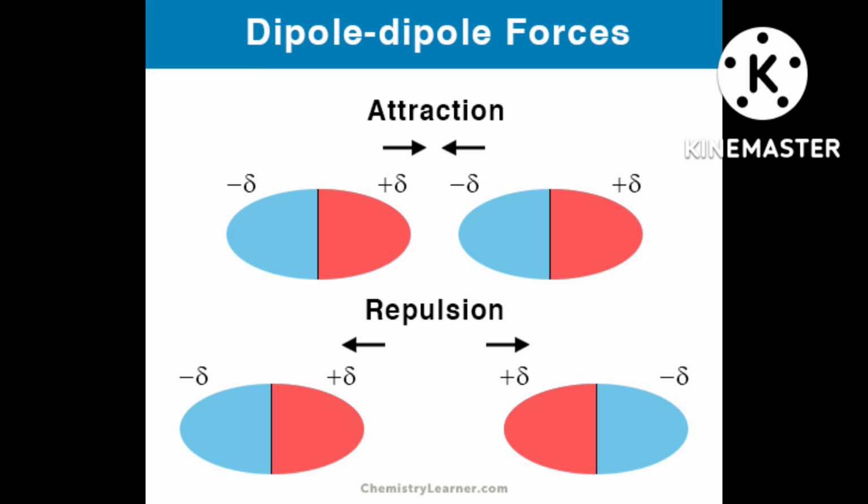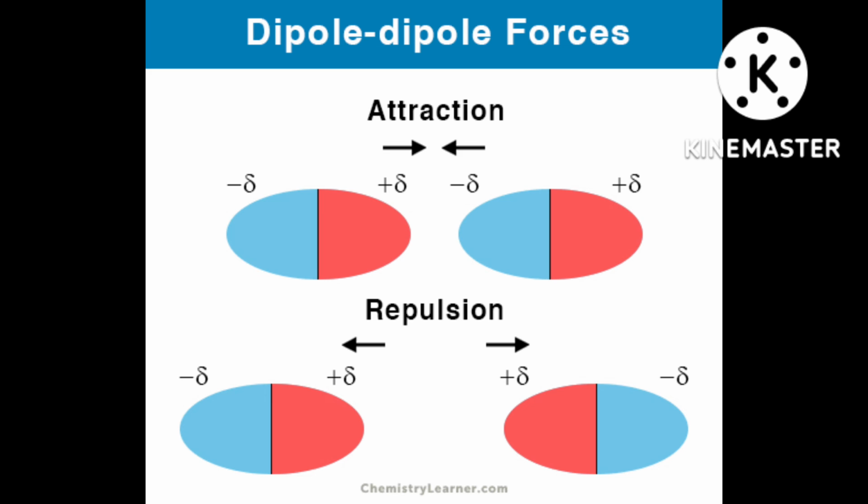When two molecules are brought into close contact with each other, the repulsion between the electron clouds and that between the nuclei of two molecules comes into play. Means both will come.